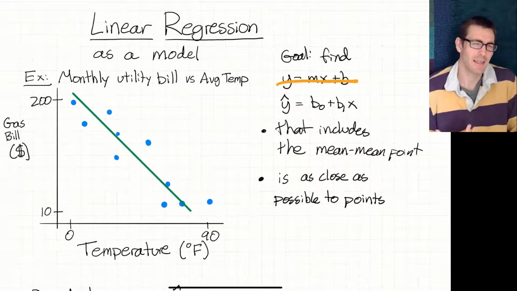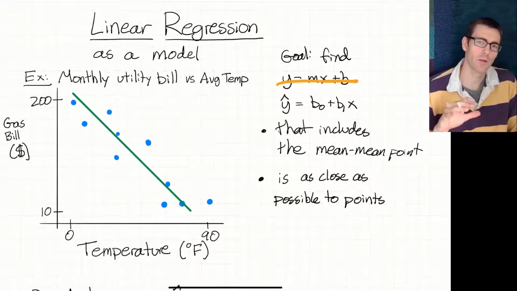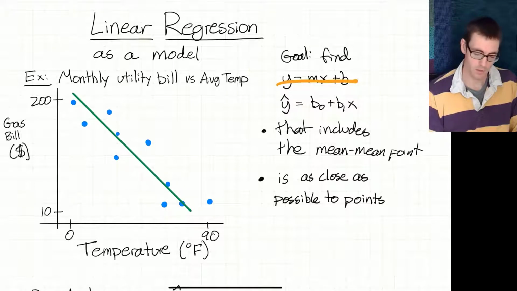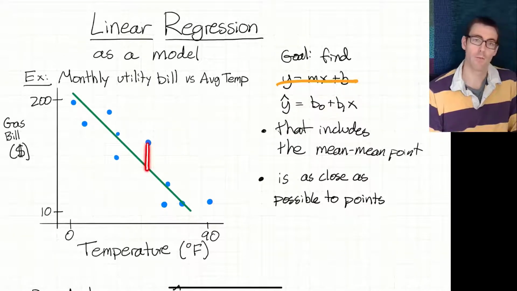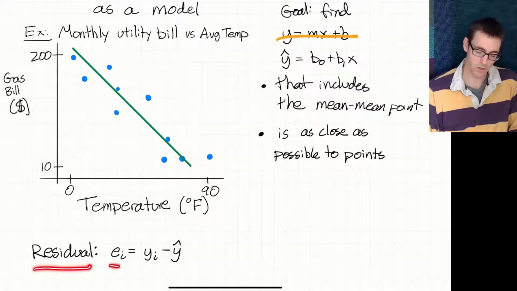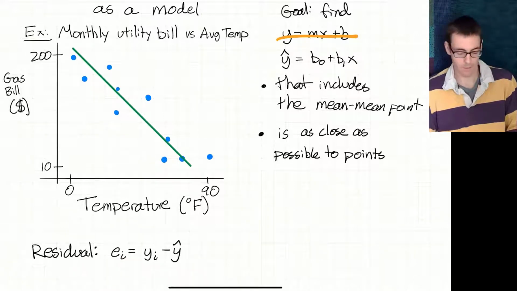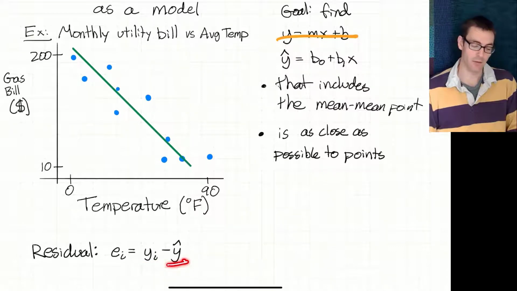We want to make this last idea a little bit more rigorous, a little bit more numerical. In order to do that, we're going to talk about what's called the residuals. So the general idea is that for each point, we're going to measure how far away from the line the point is. The definition is that the residual, which we typically denote with an E for error, for an individual point, so E1, E2, etc., is going to be the Y value minus the predicted value.